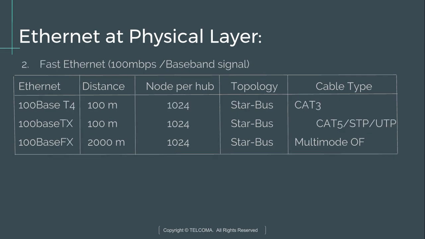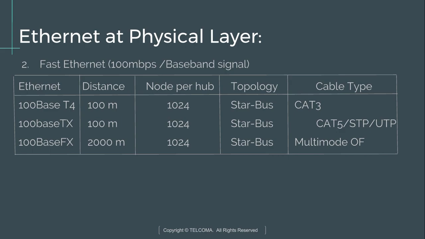The next is fast Ethernet, having the speed of 100 megabits per second, and it also uses baseband signals. The Ethernet cable 100 base T4 transmits signals over a distance of 100 meters and can connect 1024 nodes per hub. The topology used by 100 base T4 is star bus, and the cable type used is category 3.